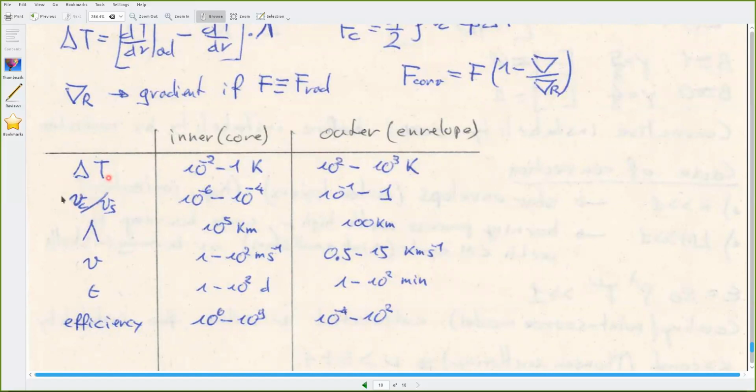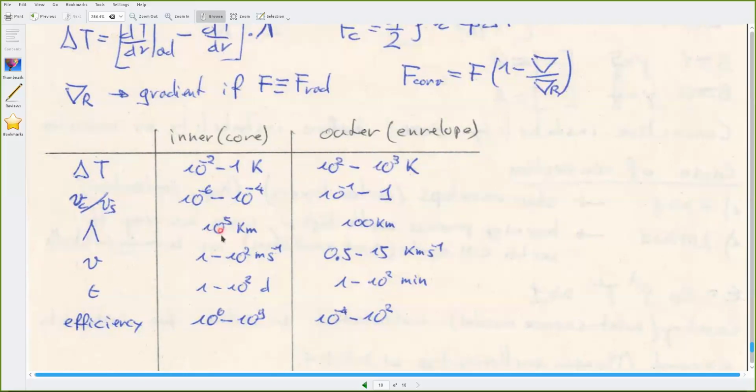The velocity with respect to the velocity of sound is really small below in the core, while outside it's nearer to the velocity of sound, which it cannot exceed, as I said. This is because here you need a higher velocity to move. The typical distance is 10 to the 5 kilometers in the inner part and 100 kilometers outside.